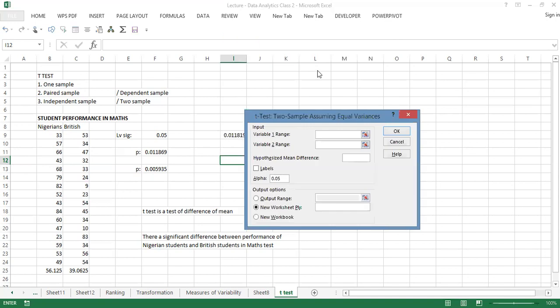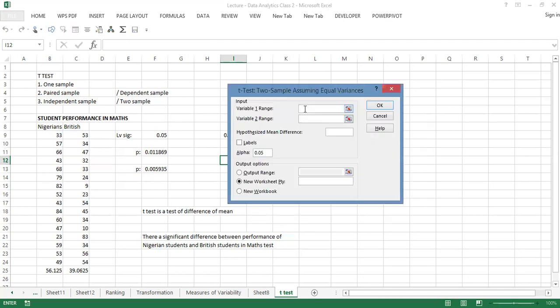Click on that. Then for range 1, the first range, that's the first data set, first sample. Click in the second box, where you have variable 2 range. That's the second sample.